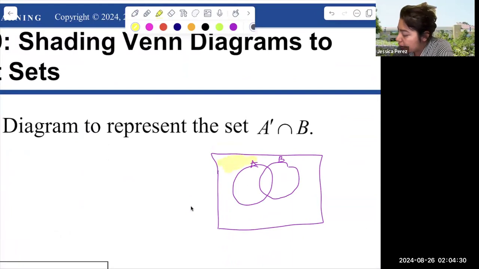So the complement is everything on the outside of A, so including B, but not in A. And I also want B.